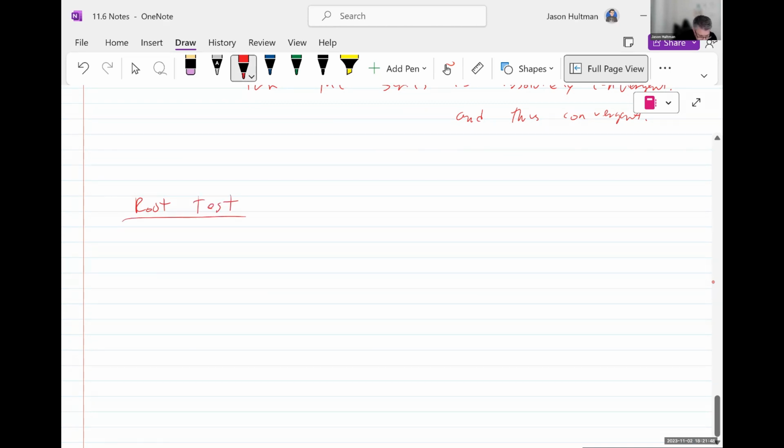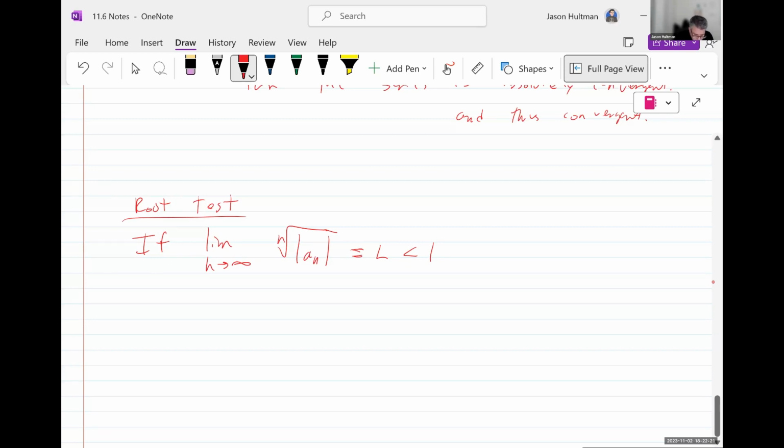Okay, so the root test says if the limit as n goes to infinity of the nth root of the absolute value of a sub n is equal to L. Okay, so I take the series and I take the nth root of the absolute values.